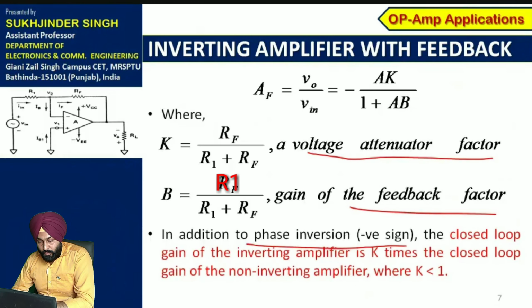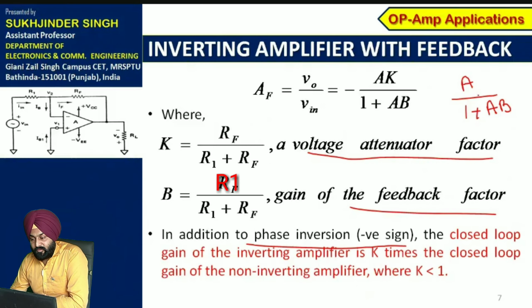So we can conclude, in addition to phase inversion, that is the negative sign, the closed loop gain of the inverting amplifier is K times the closed loop gain of the non-inverting amplifier, where K is less than 1. The gain of the non-inverting amplifier was A upon 1 plus AB.